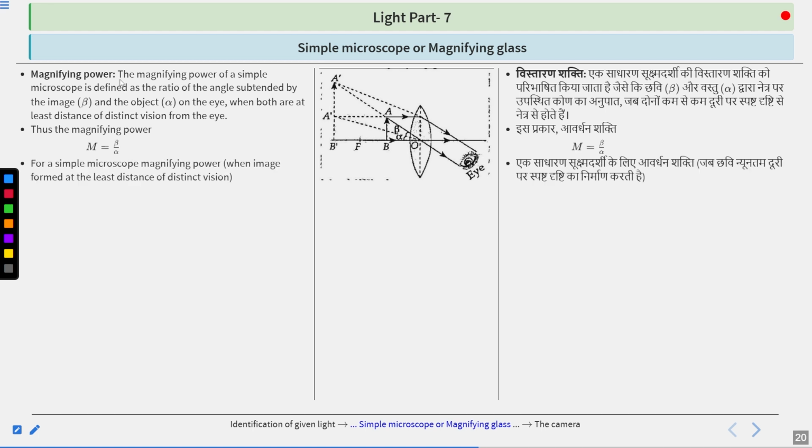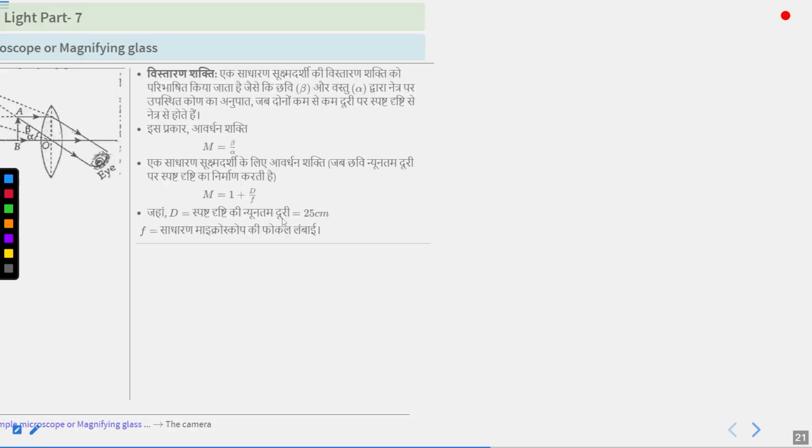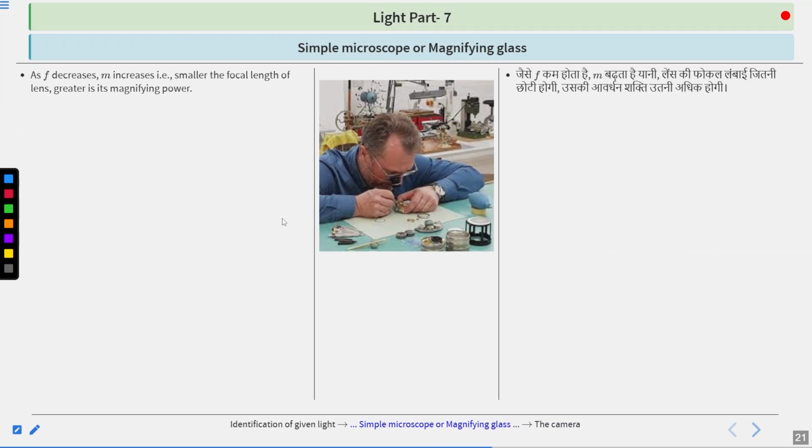For a simple microscope, when the image is formed at the least distance of distinct vision, m equals 1 plus d by f, where d equals least distance of distinct vision, 25 centimeter, and f equals focal length of the simple microscope. As f decreases, m increases, therefore the smaller the focal length of the lens, the greater is its magnifying power.